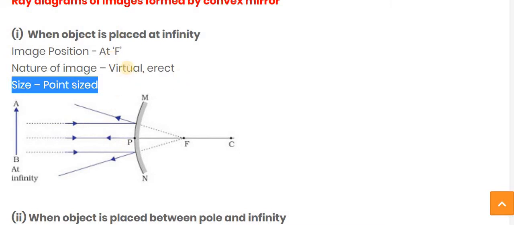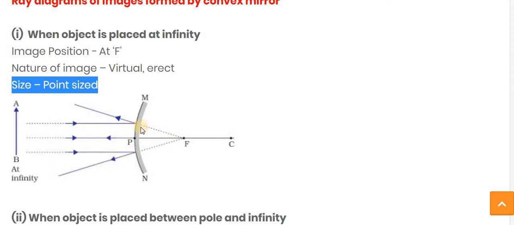Here the mirror is a convex mirror, that's why it is a diverging one. So these rays get reflected back in this direction. Both the rays have no chance of meeting with each other, because both ray directions are different. They can't meet with each other.